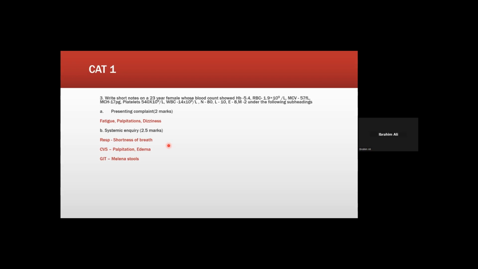And then the next question will be on the examination findings of this patient. Can someone tell us, please, the examination findings, what you can find? Here, they're asking for the signs. Please send your answer in the chat box. The examination finding of this patient. Okay, occult blood in the systemic inquiry, yes. Another finding that you can see on this patient.